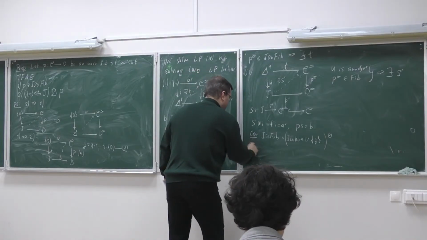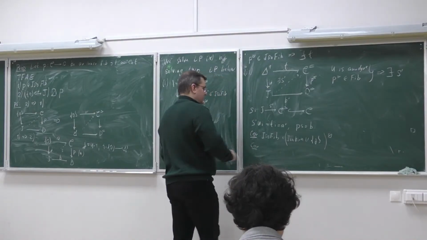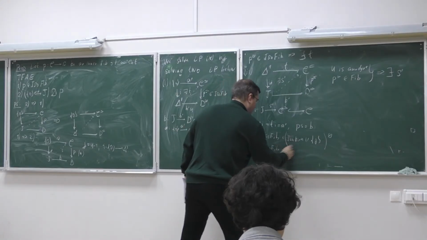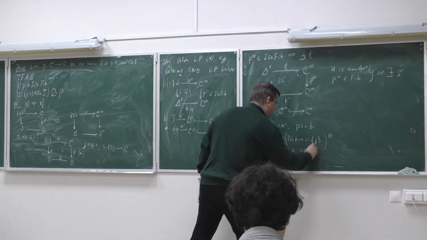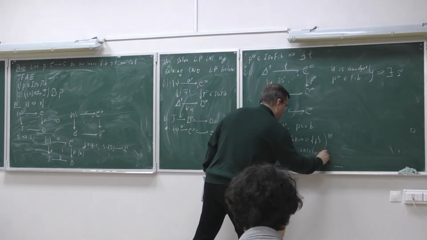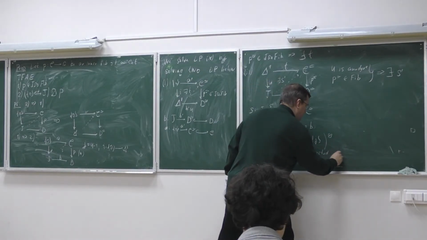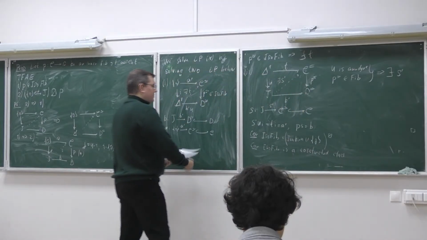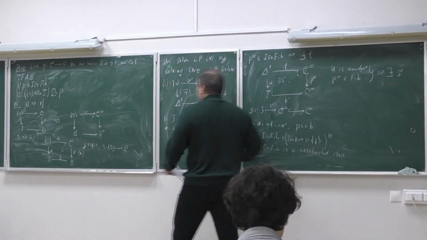So from this, we immediately see that isofibrations is a co-saturated class. In particular, what's usually used in applications, this is closed under pullbacks.